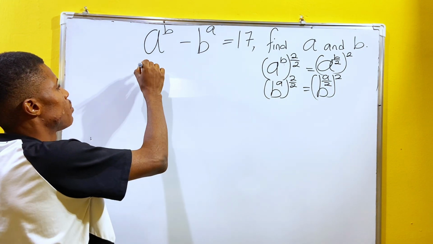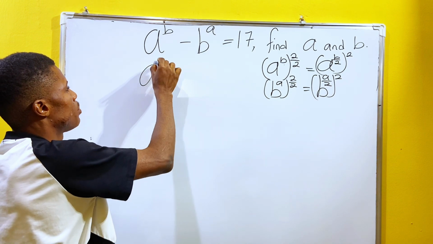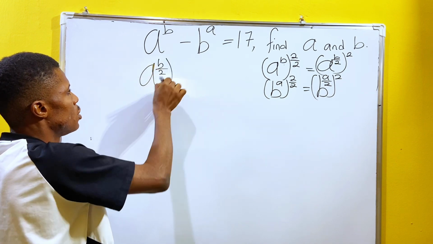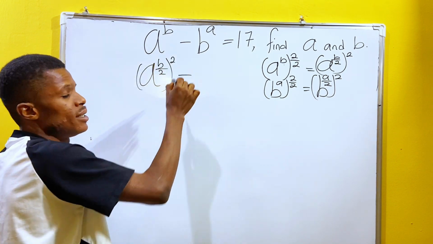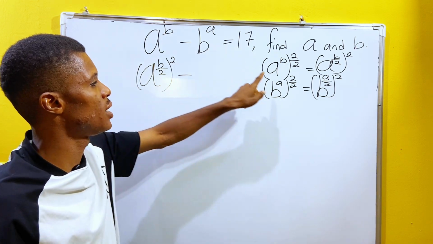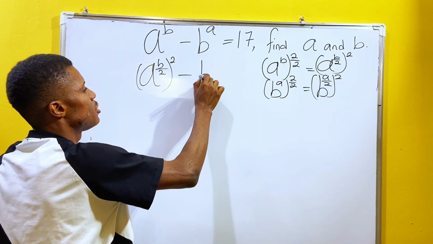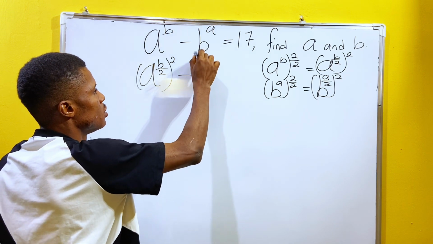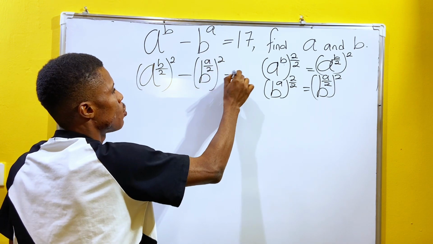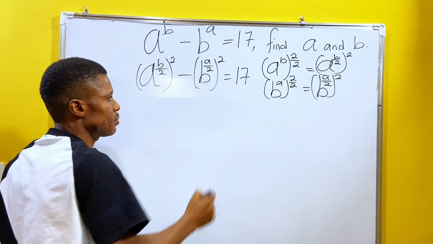So we'll now have a to the power of b over 2 all squared minus b to the power of a over 2, then all squared is equal to 17.